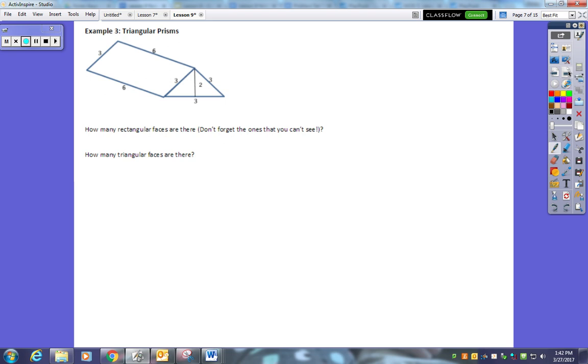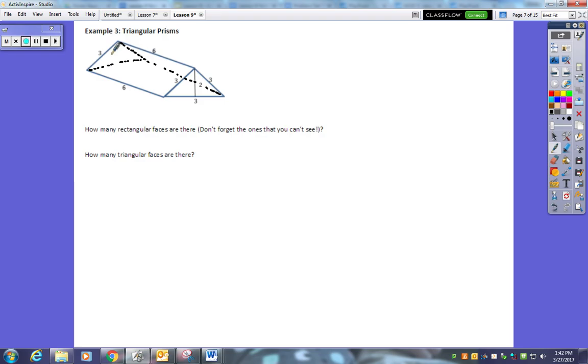Okay, so looking at this, what I would probably do is start by drawing in the invisible sides. So here, I would kind of draw something along these lines so I can see, and don't mind my lovely drawing skills here, I can see that there are 3 rectangular faces.